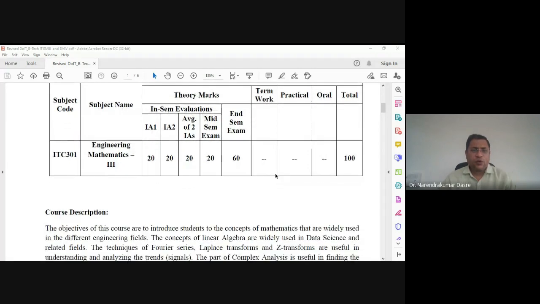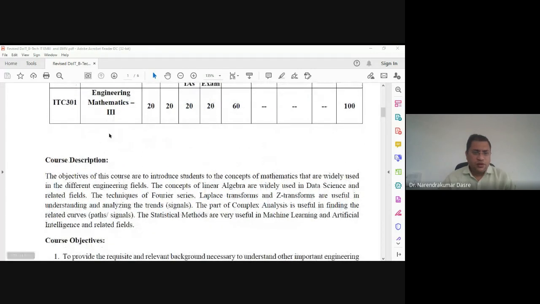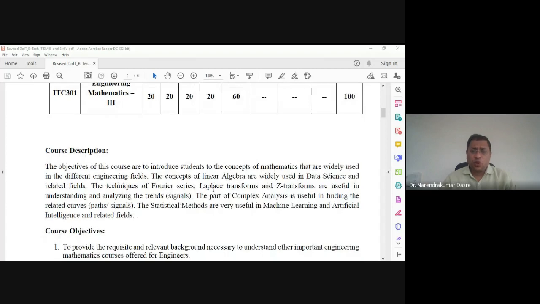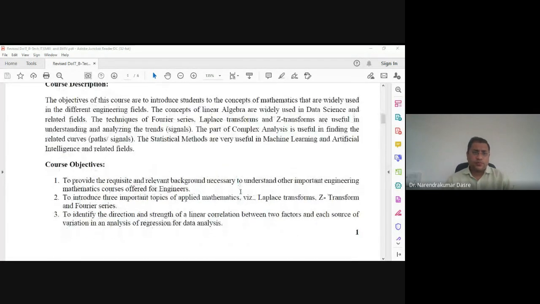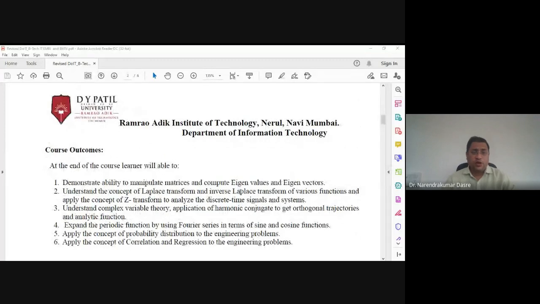Now we need this course to understand data science, to understand the trends, to understand how we are going to get into machine learning and artificial intelligence and related fields. So what will be the course outcomes, what you will be able to gain in this course. Here we'll start with matrices, which is a part of linear algebra.